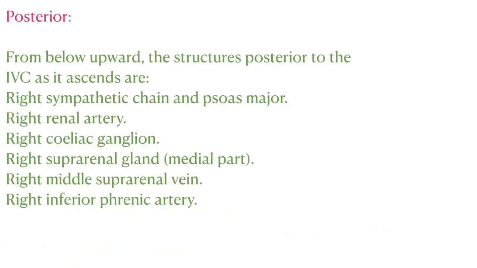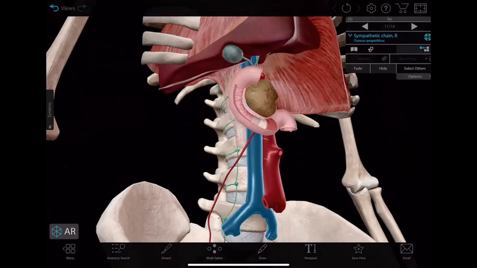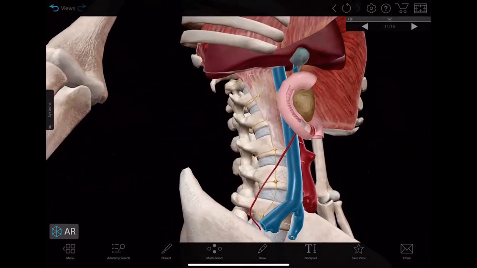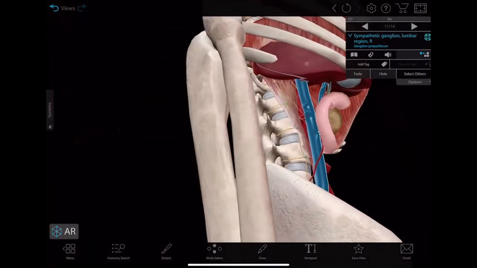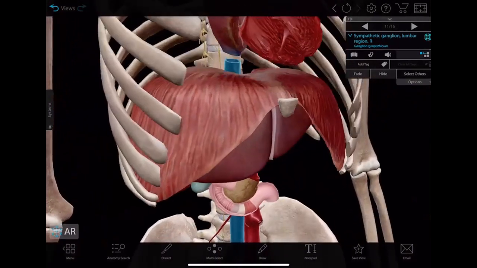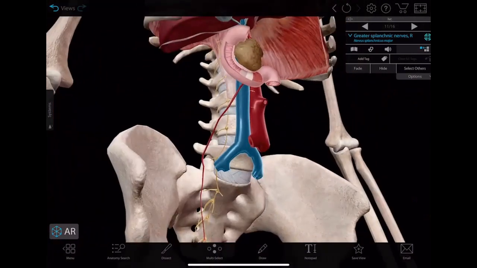And coming to the posterior relations, from below upwards, the structures posterior to IVC are the right sympathetic chain and psoas major, as the IVC is more on the right side. It is all related to the right structures. So you see, this is the right sympathetic chain. Whole of this, see the nerves here, all of these are the sympathetic chain.